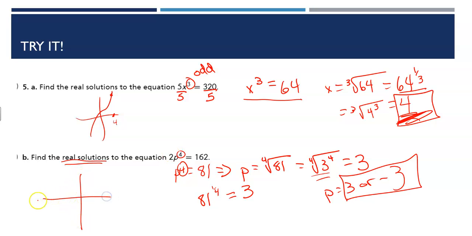I remember the graph would look something like this, right? So 3 here would give me an 81 here. But it's even, so it has the negative 3 to 81 over here. So I know that this would have to have 2 real roots.